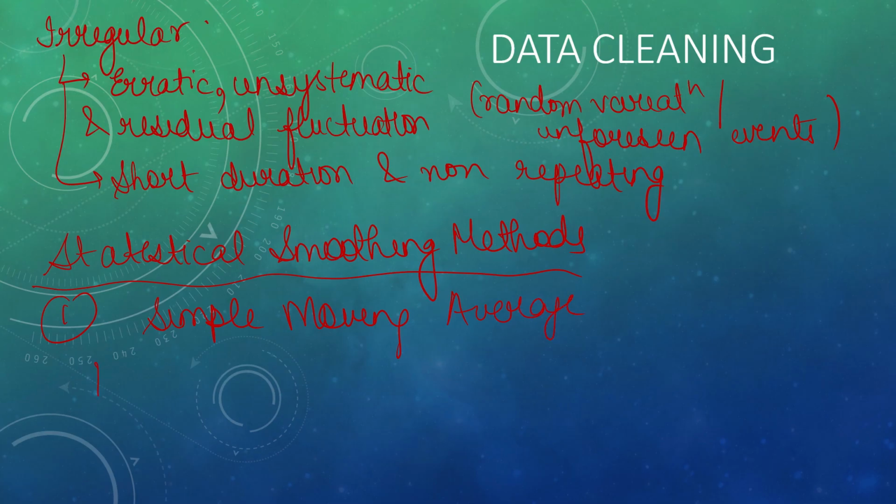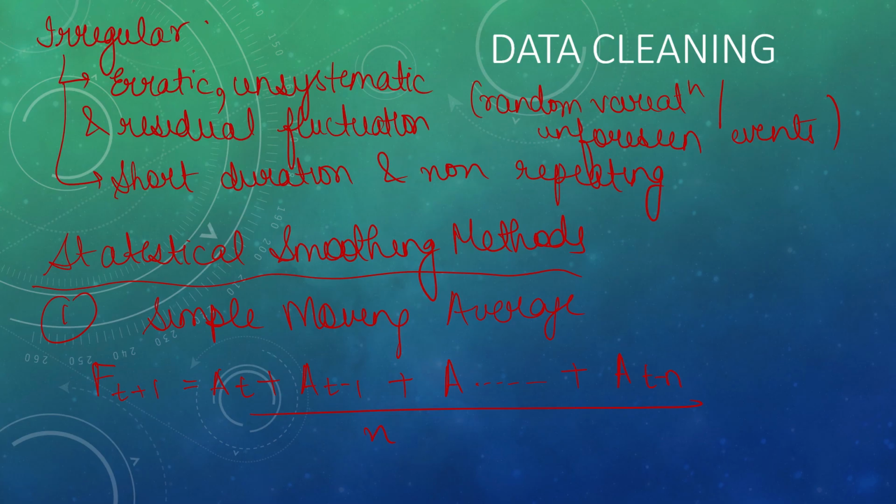So the formula is f of t plus 1 is equal to a of t plus a of t minus 1 plus a of t to n upon n. So this is the formula.